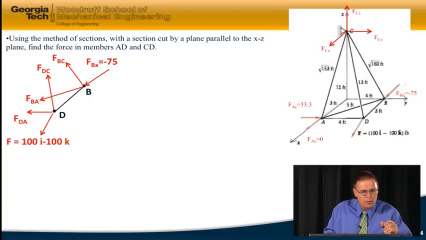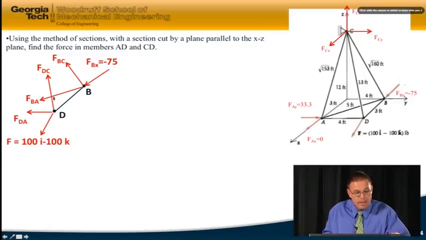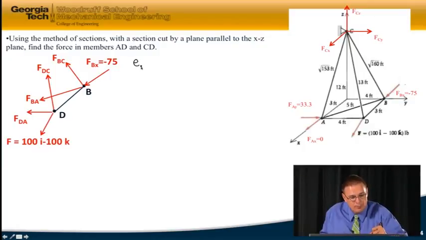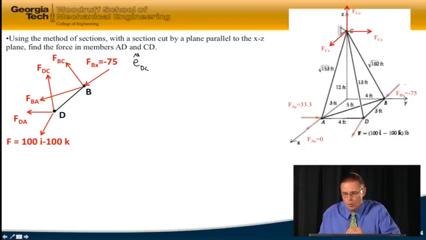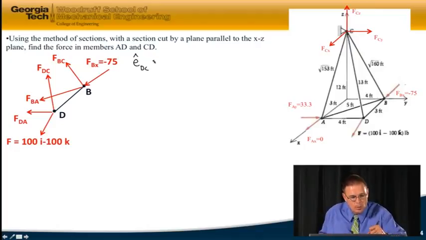To do the direction, we're going to take the unit vector from point D to point C, and we'll give it the symbol e from D to C. If you recall back to that earlier course, you want to walk from the tail of that vector to the head of the vector. So we're going to find the position vector from D to C and then divide it by the magnitude of that position vector in order to find the unit vector in that direction.